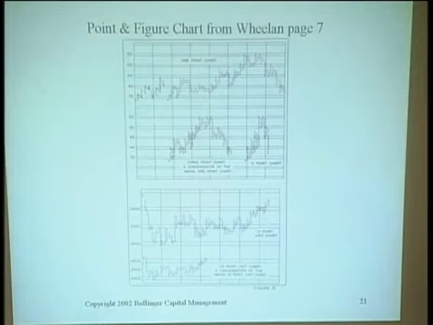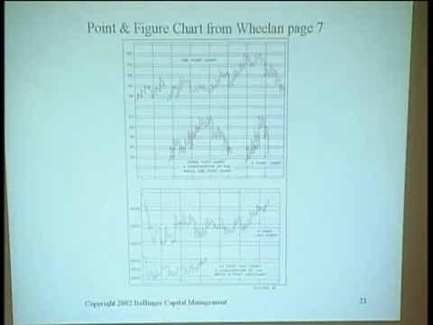Point and figure charts are nothing more than price filters. Here is a one-point chart. This is from Whelan, written in about 1914. Okay? So we're getting way back there. Now, see, even then he knew about filters. This is the price action using a one-point filter.